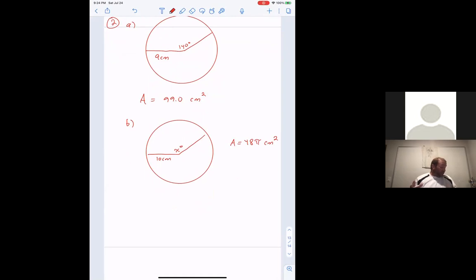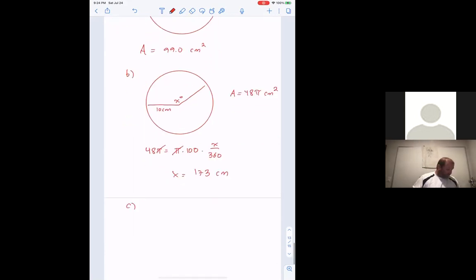Find the size of the angle x is what they meant. Pause, do your thing. So 48 pi equals pi times 10 squared, which is 100, times the currently unknown x over 360. The pi's cancel. 48 divided by 100, get that, multiplied by 360, and we get x equals, to 3 sig figs, 173 degrees.